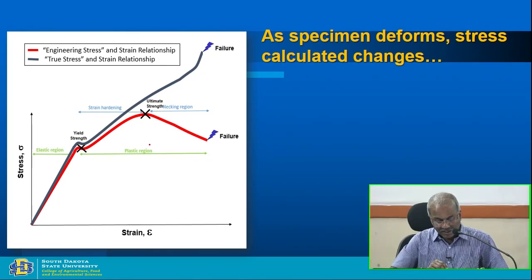You have the plastic region and an ultimate strength. The stress will keep increasing beyond the ultimate strength for the ductile material. For brittle material, the stress will decrease after the ultimate strength is attained, and that's a difference. So this is a classic example of brittle and ductile material, stress over strain. Thank you all. Nice talking to you, and thanks for listening.